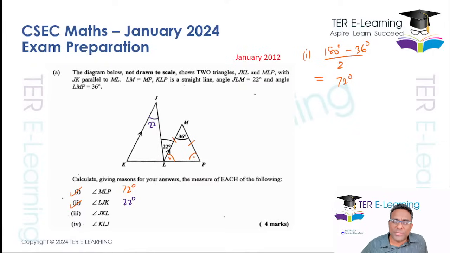Right, people saying alternate angles. Excellent. That's what it is, alternate angles. So it is 22 degrees.